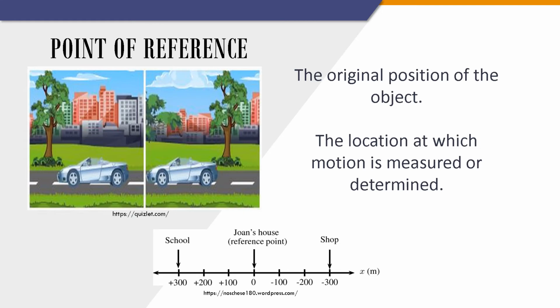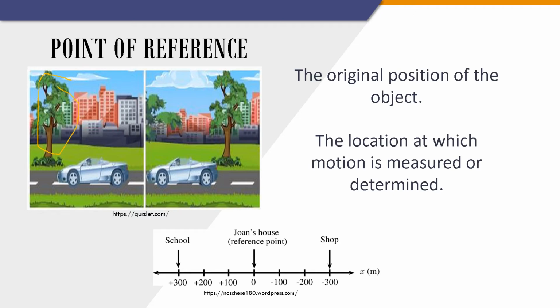Okay, so let us further explain what point of reference is. So, the point of reference is the original position of the object. And in this picture naman, ang tawag natin dito is the frame of reference. So, what is our frame of reference in here? In these pictures, ang ating frame of reference is this tree.